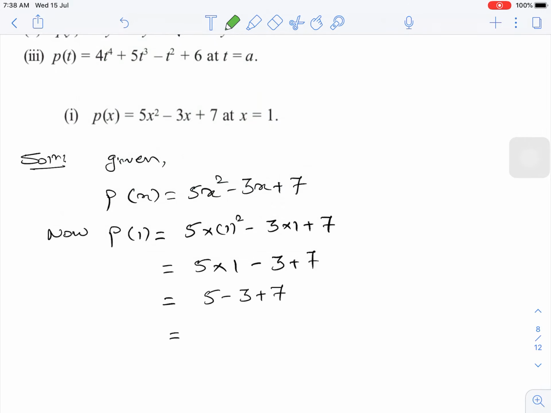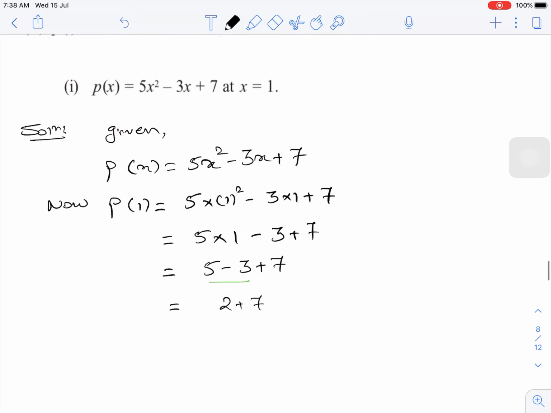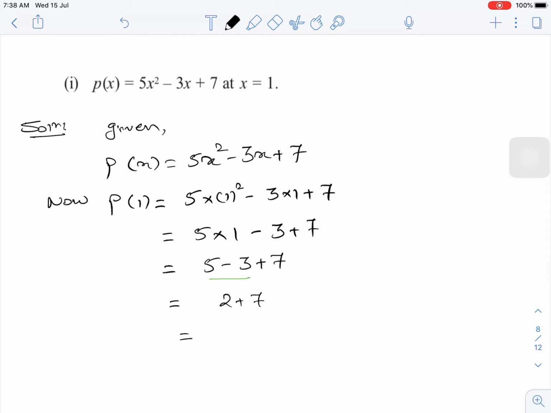First I am making a pair of these two numbers. 5 minus 3, that is 2, plus 7, that equals 9. So what is the value of this polynomial when x is equal to 1? The value of the polynomial is 9. So finally you can write, therefore p of 1 equals 9.